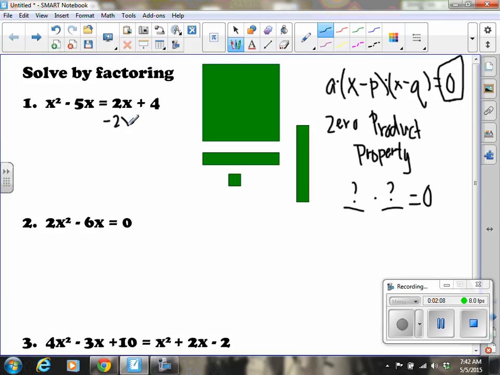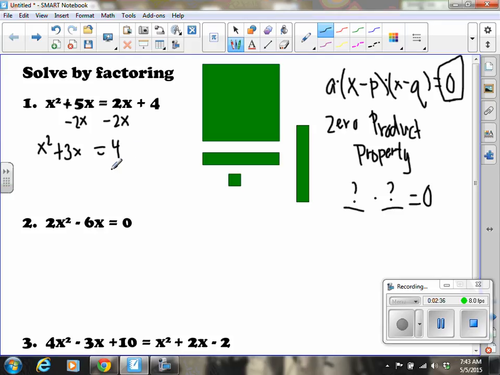So I need to combine my like terms. I'll get my x's, my linear terms together. I meant for this to be a positive. Sorry. When I do that, I'm left with x squared plus 3x equals 4.